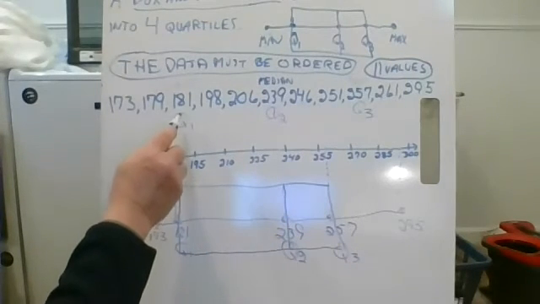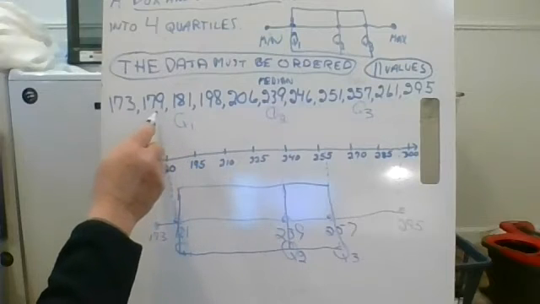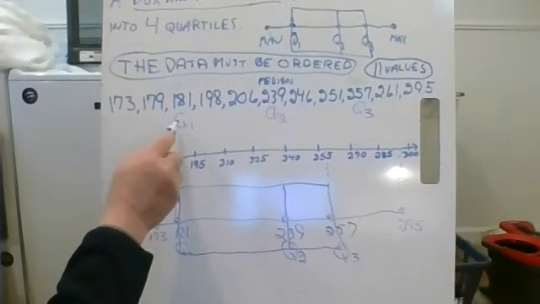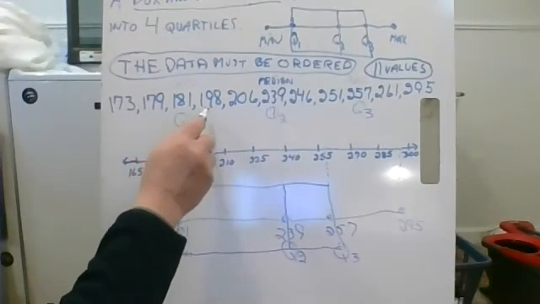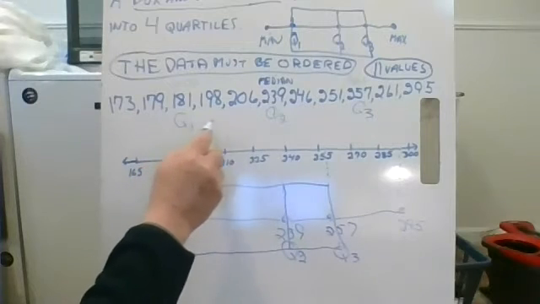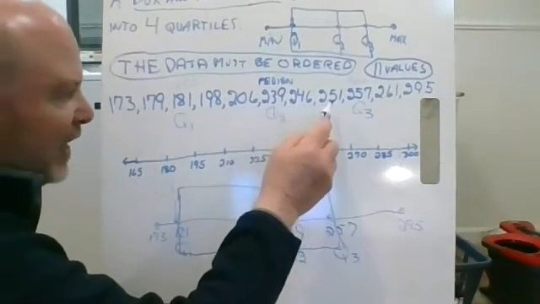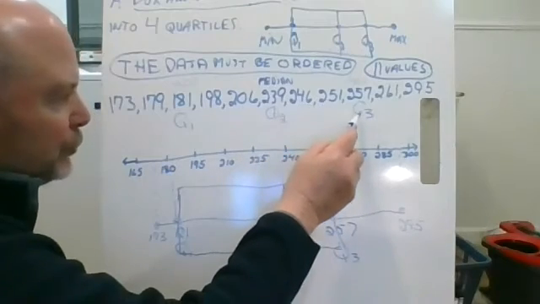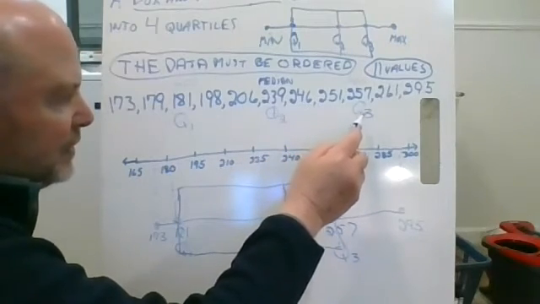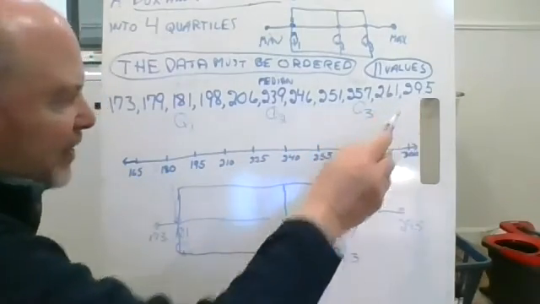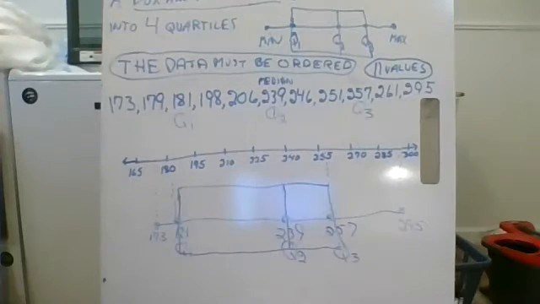If you take a look, there are 2 values to the left of Q1, 2 values between Q1 and Q2, 2 values between Q2 and Q3, and 2 values after Q3. So each quartile contains 2 values. And that's your box and whisker plot.